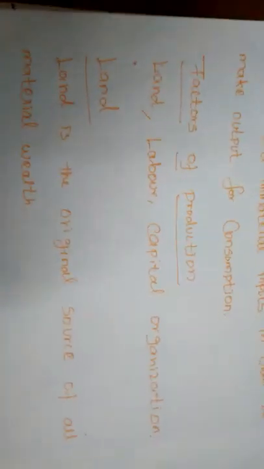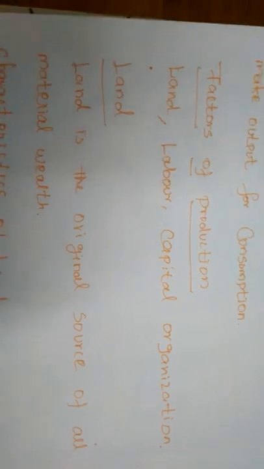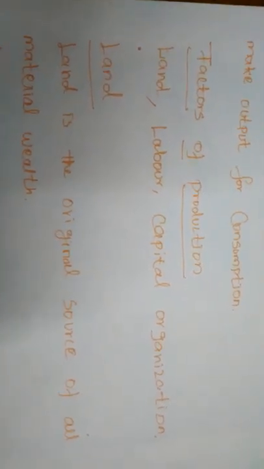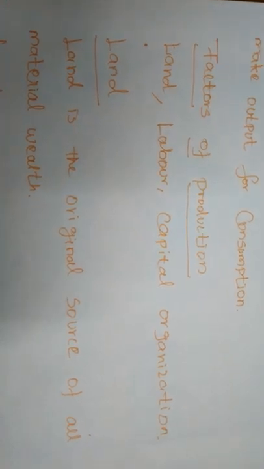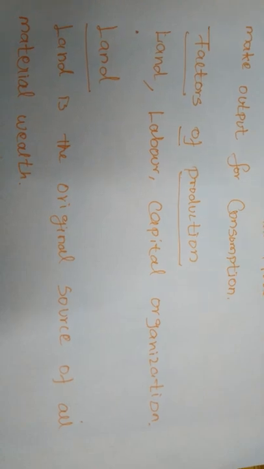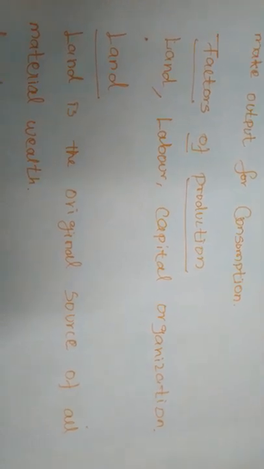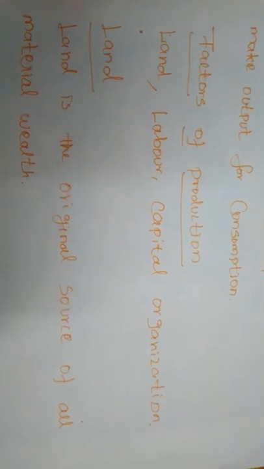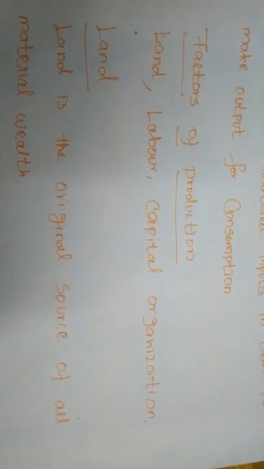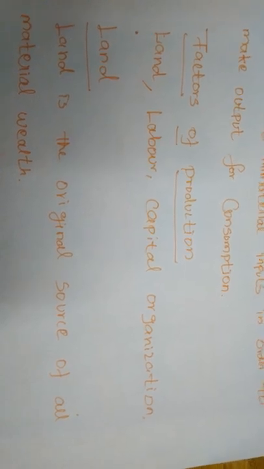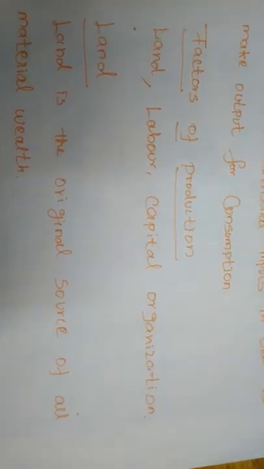Next, we studied the factors of production. Factors of production mean some factors that must be used in production: land, labor, capital and organization. These four factors are called the factors of production, because without any of these four, we can't produce any commodities.